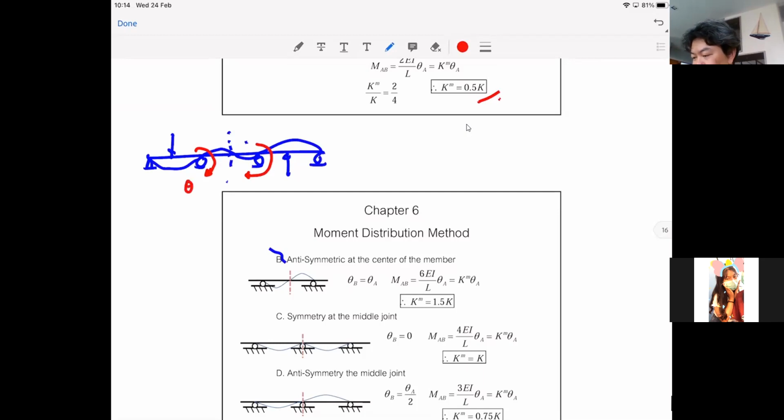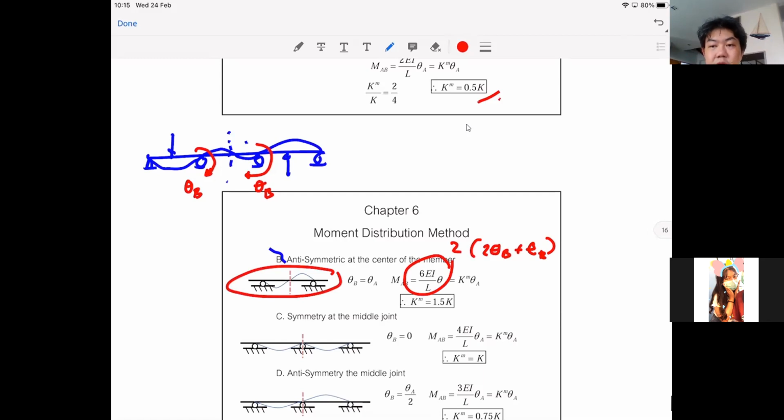Because by saying theta c equal to theta b and plugging into your slope deflection equation, this time you have 2 theta b plus theta b, and then you have 2 up front, so you have 6 EI over L instead of 2. As I say, to try to bend your beam like this is extremely difficult. So that makes your beam way stronger compared to the original loading condition. So that means your K modifier becomes 1.5.